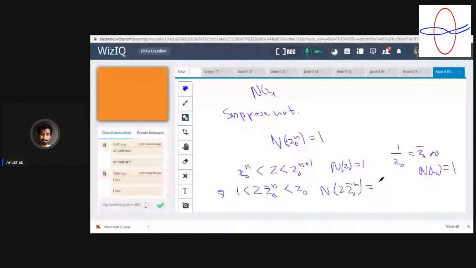But this is a contradiction. Why is this a contradiction? Because we assumed that z naught is the smallest solution greater than 1.